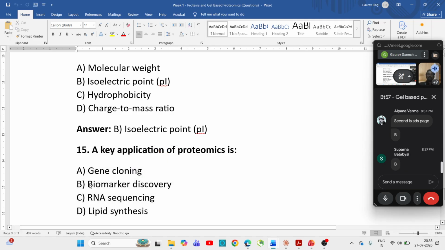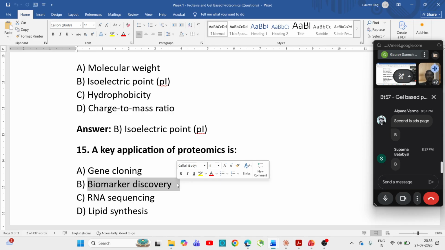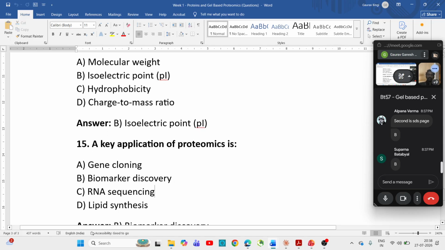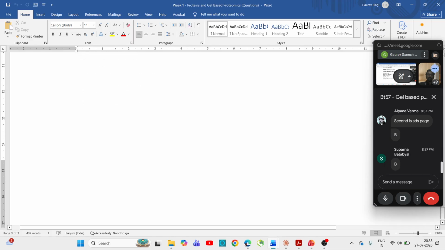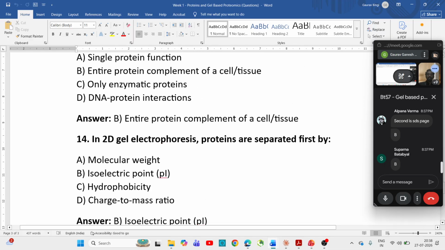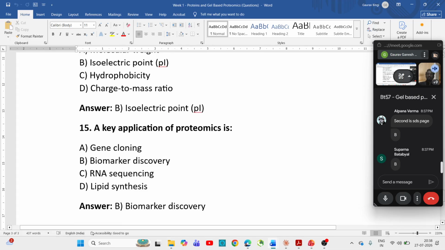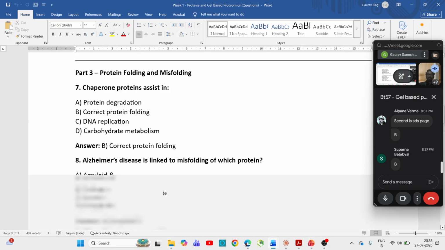So this is the only one which can deal with anything basically. Biomarker discovery can be genomics, proteomics, metabolomics, anything. So biomarker discovery can be a part of anything. These were a few questions which were part of previous year questions.